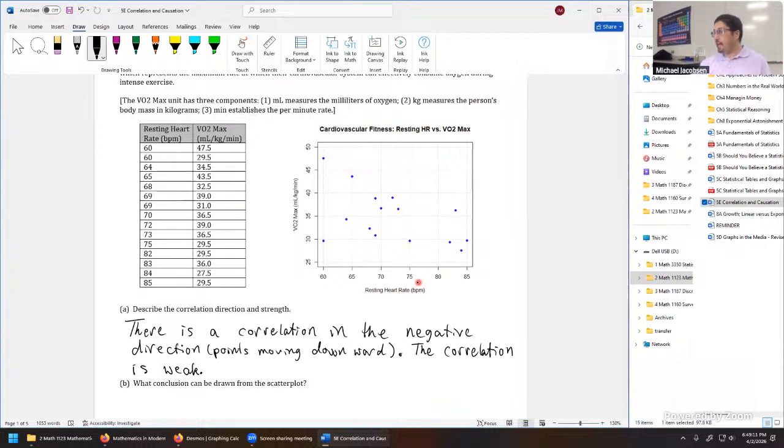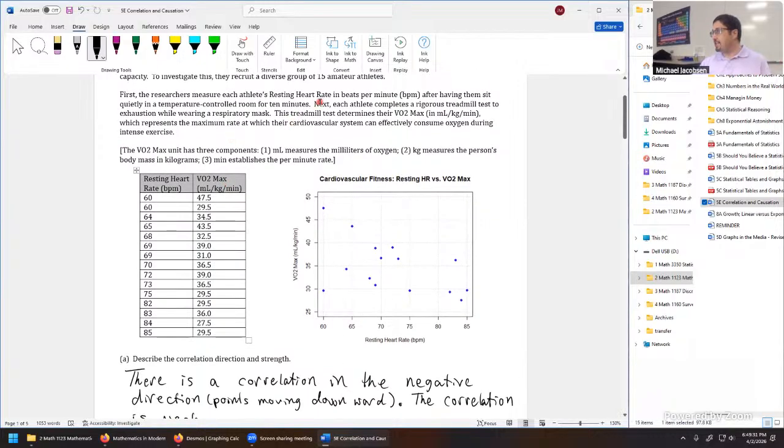which is kind of unusual, interesting in this study. They probably had a good feeling that there'd be a higher correlation between baseline heart function and overall physical fitness, but it sounds like there's probably more to the story here. There's probably also confounding variables. They had to sit quietly in a temperature controlled room for 10 minutes.